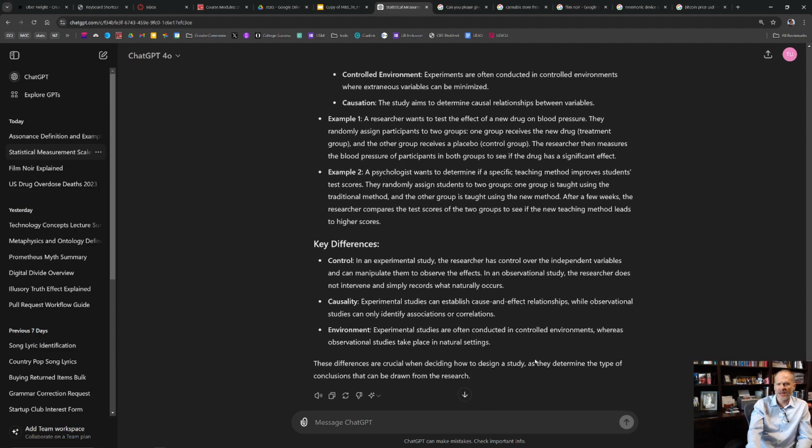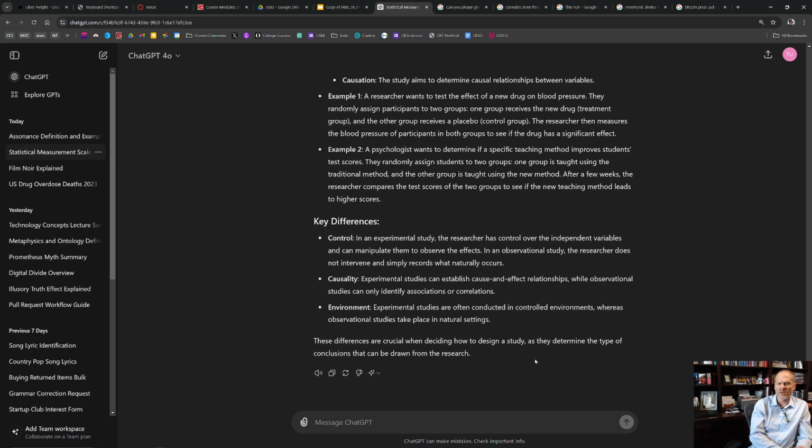Example 2: A psychologist wants to determine if a specific teaching method improves students' test scores. They randomly assign students to two groups. One group is taught using the traditional method, and the other group is taught using the new method. After a few weeks, the researcher compares the test scores of the two groups to see if the new teaching method leads to higher scores. Key differences.